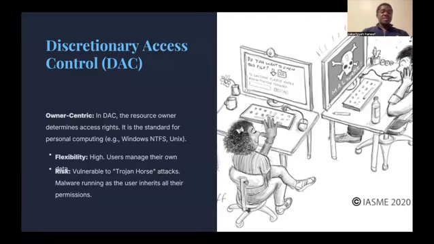It has its own advantages and disadvantages. One of the advantages is users have freedom to share files easily, but it has a risk: if malware infects your device, it gets all your permissions. For example, a virus on your laptop can access all your files because it executes under your identity.